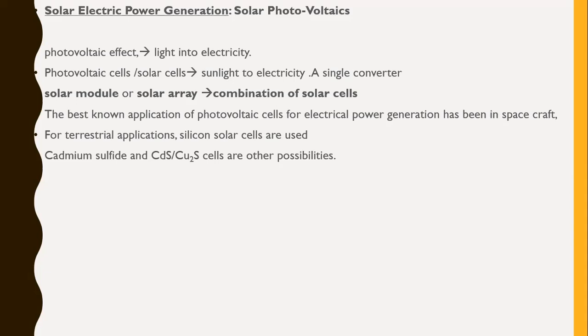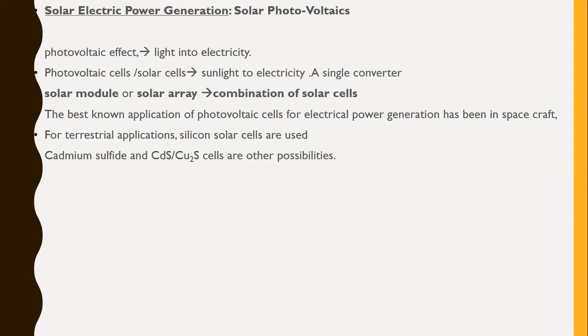So what is a photovoltaic process and what is a photovoltaic cell? This is a direct conversion of solar energy into electrical energy, done by means of the photovoltaic effect.